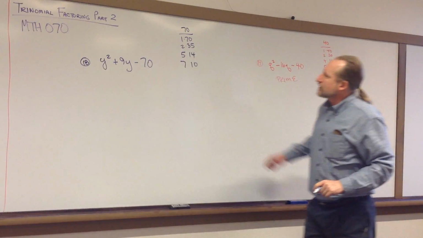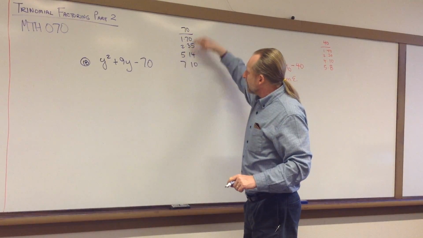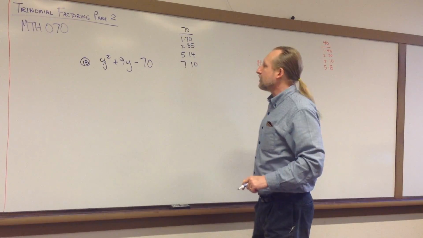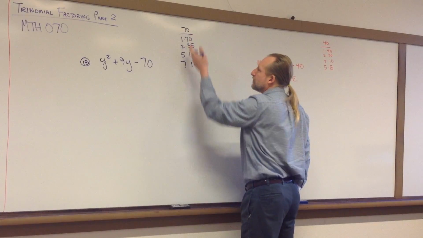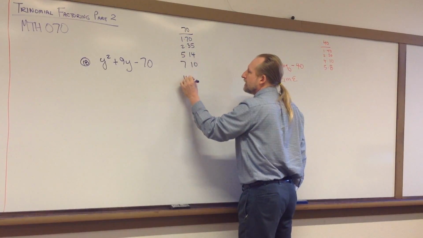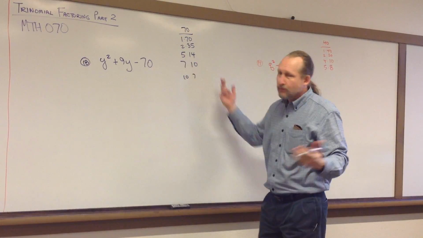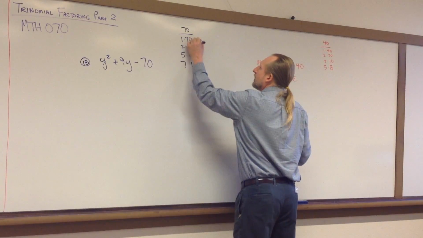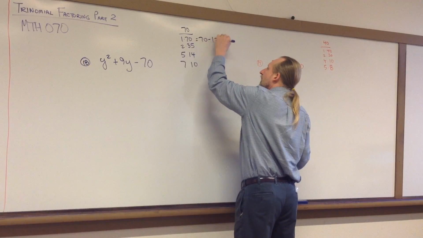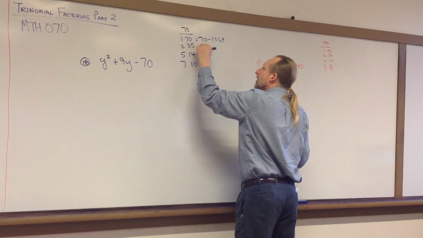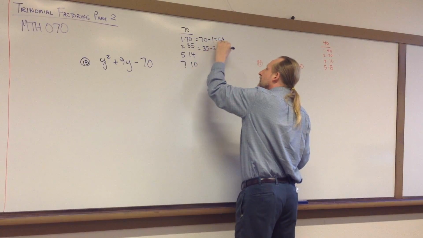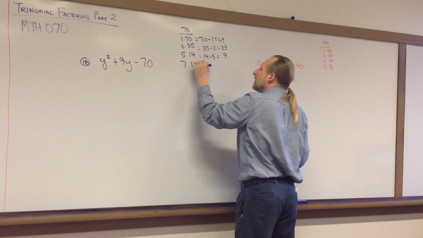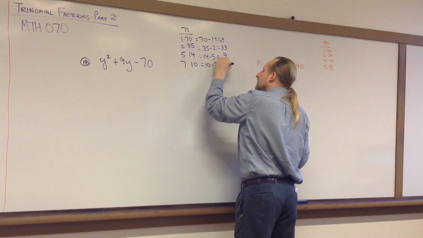And again, notice that as this number gets bigger, this number gets smaller, and then after they meet, you can stop, right? Because it's not divisible by 8 or 9, and the next pair would be 10 times 7, which we already have. So this pair has a difference of 69, this pair has a difference of 33, this pair has a difference of 9, and this pair has a difference of 3.